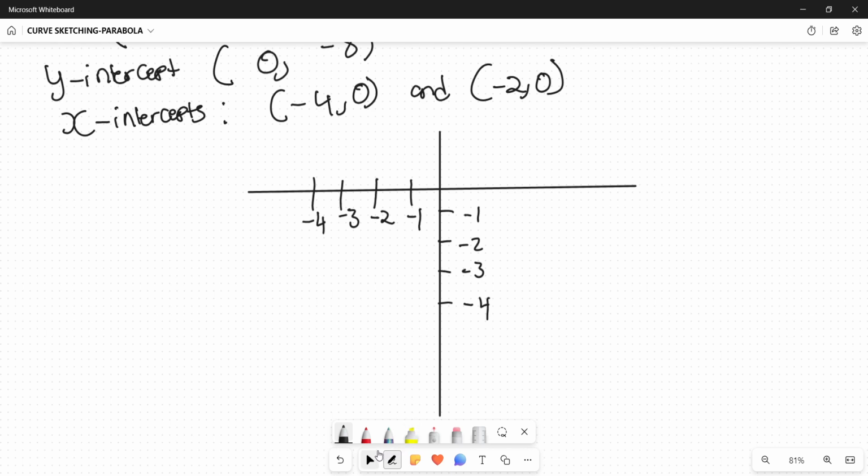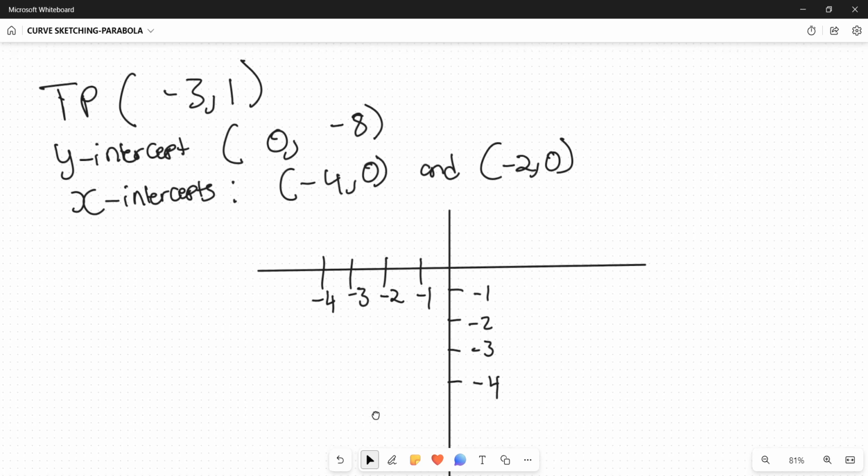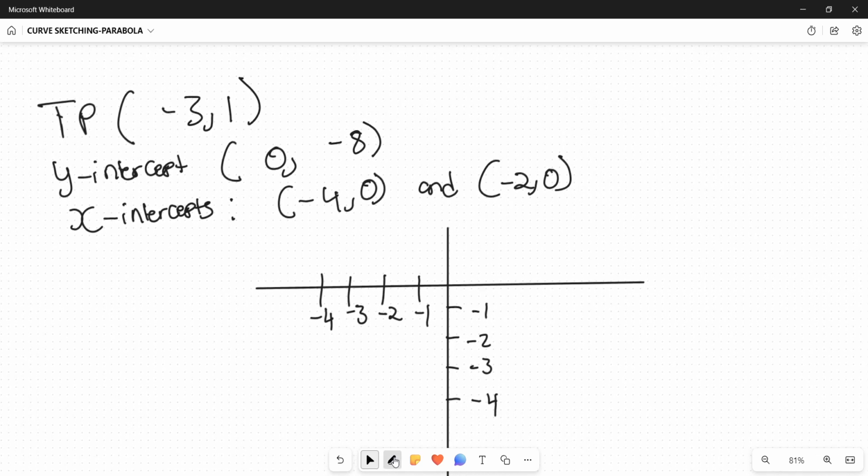okay. We start by plotting our turning point. What is our turning point? Our turning point is negative 3 and 1. So now this will be 1. Suppose this is our point negative 3 and 1.